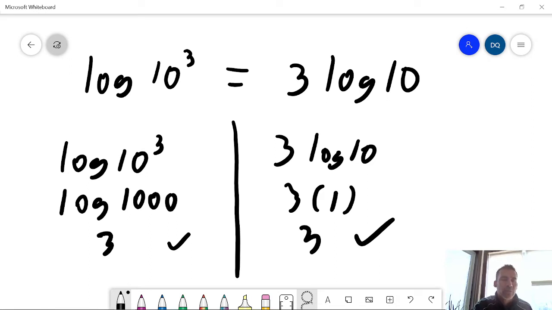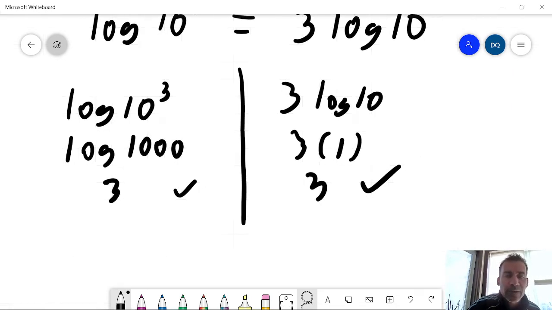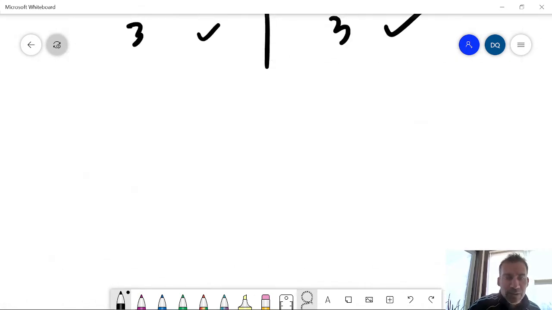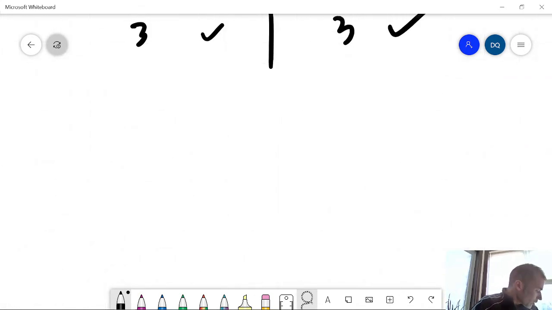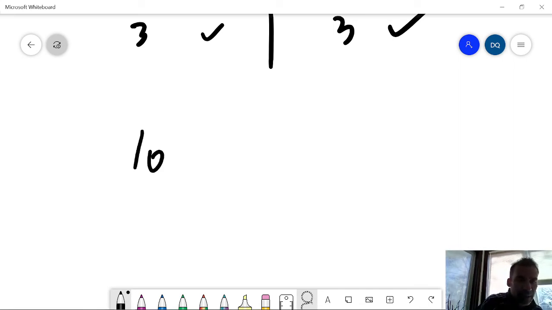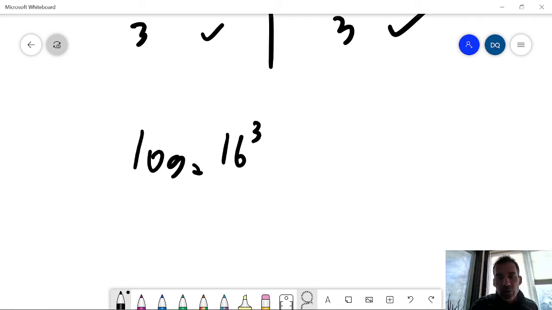Now I'm going to prove it in letters so that you know it works afterwards, but just showing you a few examples of it here. So a couple of questions from your homework. One of them is you're to evaluate, find the base 2 log of 16 cubed. Now if you take 16 cubed, it no longer is a power of 2, so it becomes a little bit tricky.